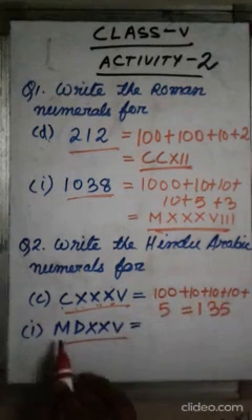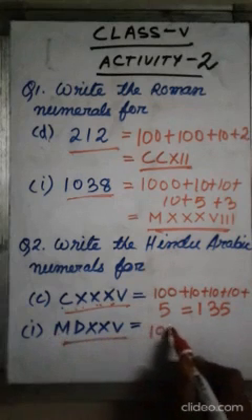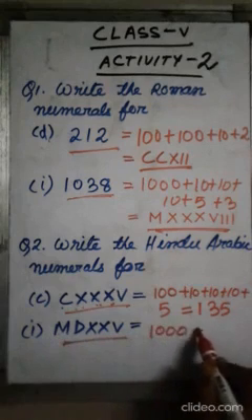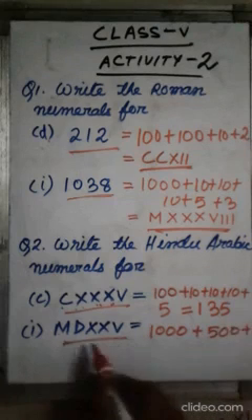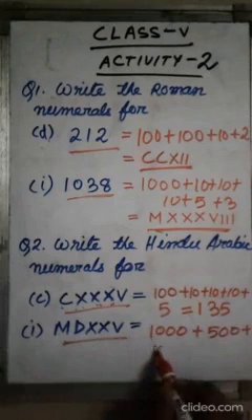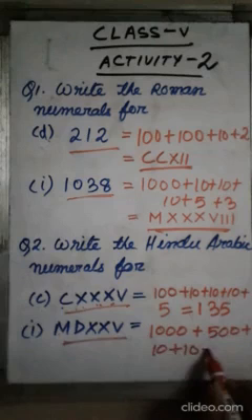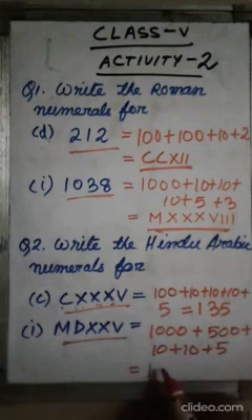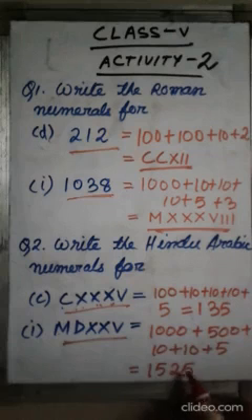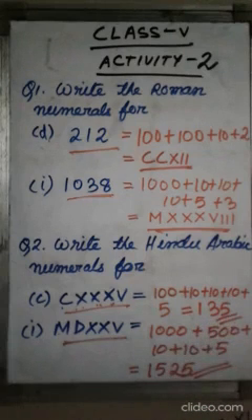For this, M represents 1000, a millennium, plus D represents 500, plus 10 plus 10 plus 5. So it is 1525. This way you have to solve the problems.